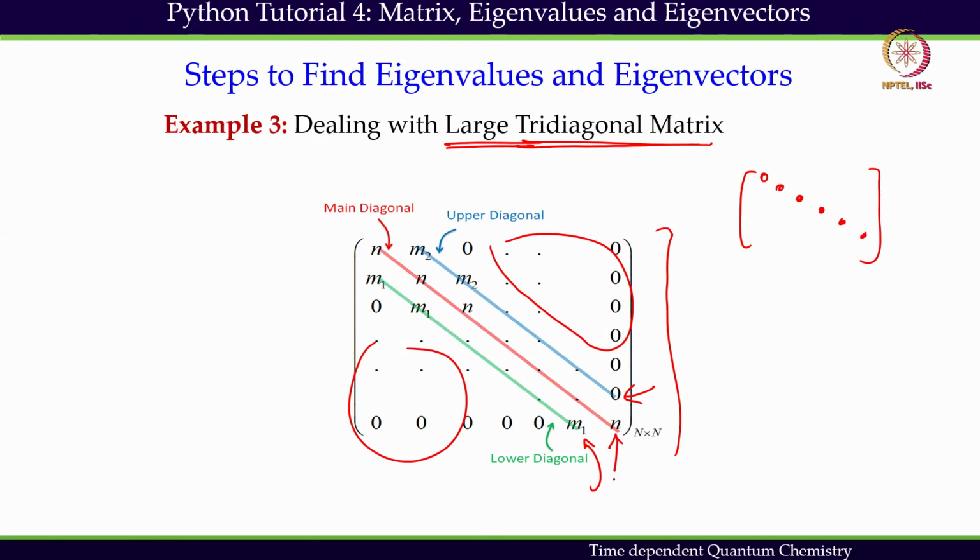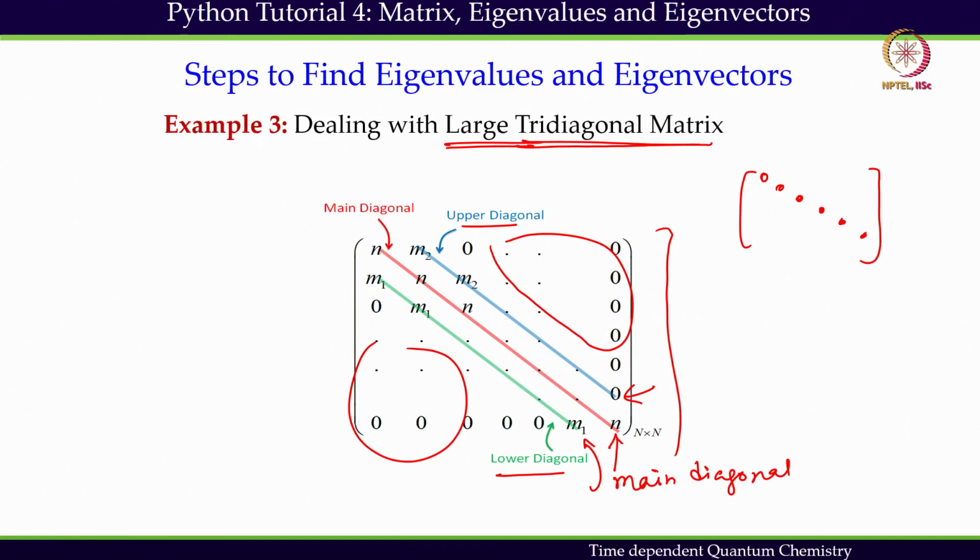This is the main diagonal, and this is the upper diagonal and this is the lower diagonal part, and these values would be non-zero in a tridiagonal matrix.